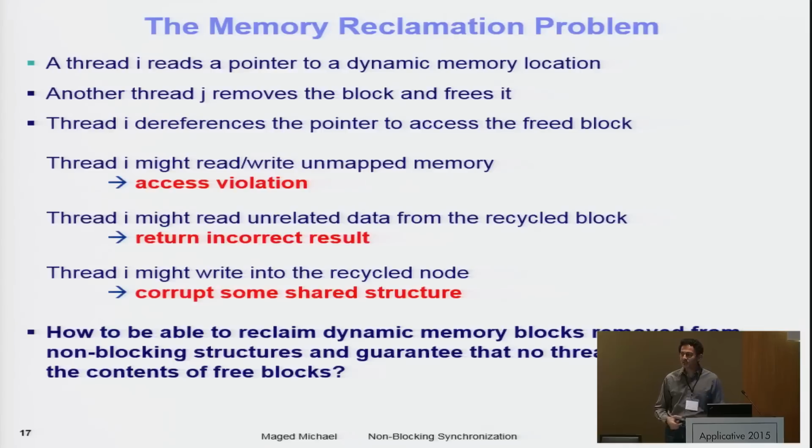And this is quite difficult because as a thread removing a block, I cannot wait for someone else to finish reading what they are intending to read. And as a reader traversing a dynamic structure, I cannot say, wait, don't remove it because I'm about to read it.